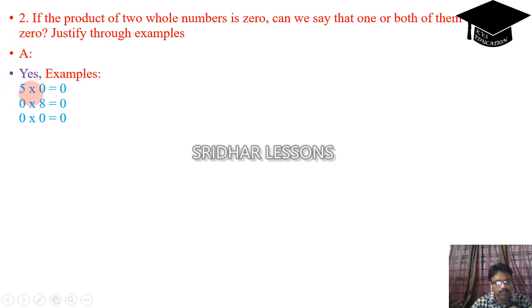For example, 5 into 0 is equal to 0. 0 into 8 is equal to 0. Similarly, even 0 into 0, that means both of them, is equal to 0. Either one of the numbers can be 0, then the result will be 0, or if both numbers are 0 in multiplication, the result will be 0.